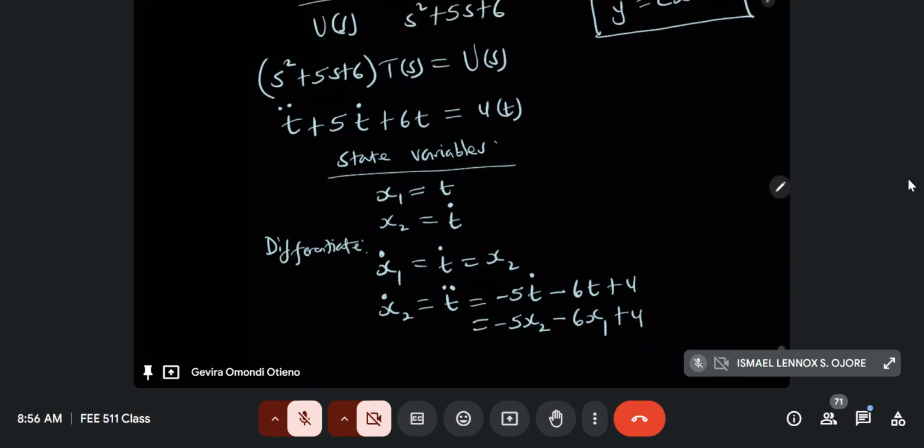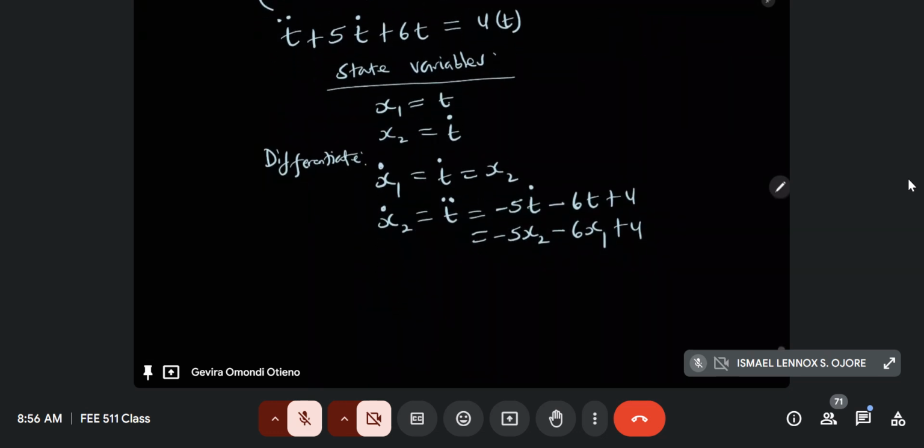So now we can actually solve this and say the state equation, therefore, state equation. I told you the first block is only for the state equation. So the state equation would be x1 dot, x2 dot, like that, to be equal to.